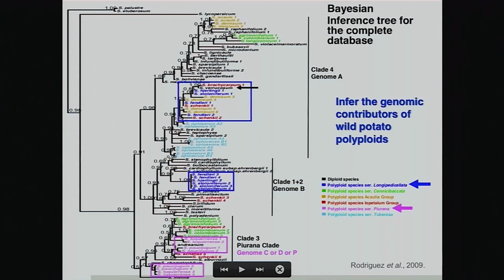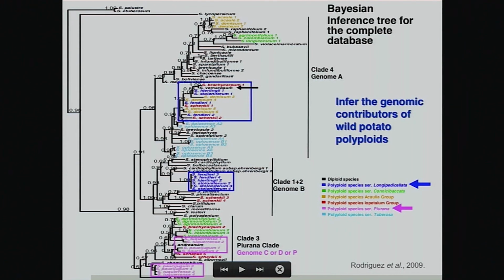Then we worked with polyploid species, using the same genes. You can see that we tested if the species in series Longipedicellata, which are all polyploids, are really autopolyploids or allopolyploids.